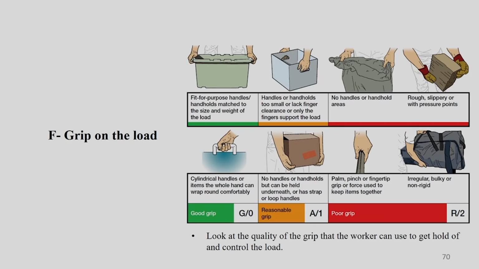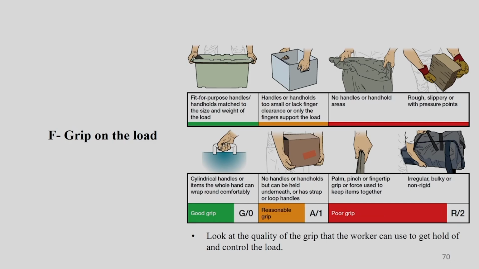Okay, so it is actually matching, then it is green. Or we can say good grip, or cylindrical handle, or items the hand can wrap around comfortably, how we hold our suitcase and other things. In those cases it is good grip. Color is green and value is 0.